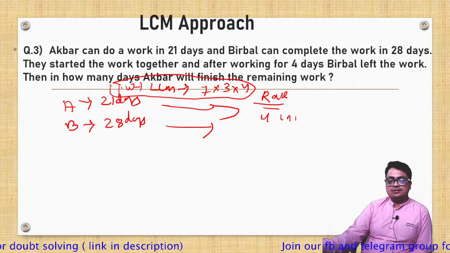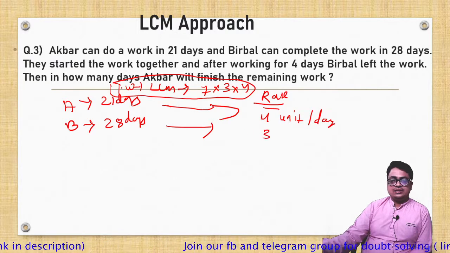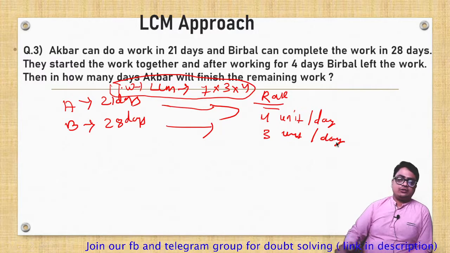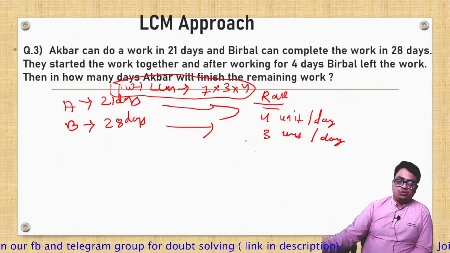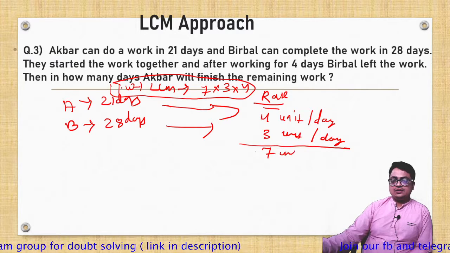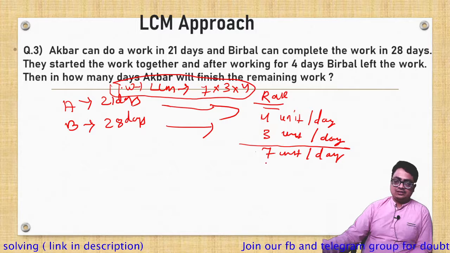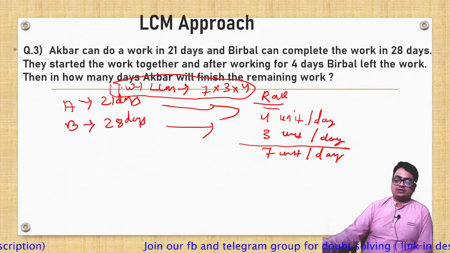This will be 3 unit per day. So total work done by them is 7 unit per day. Means in one day they are doing 7 units of work.